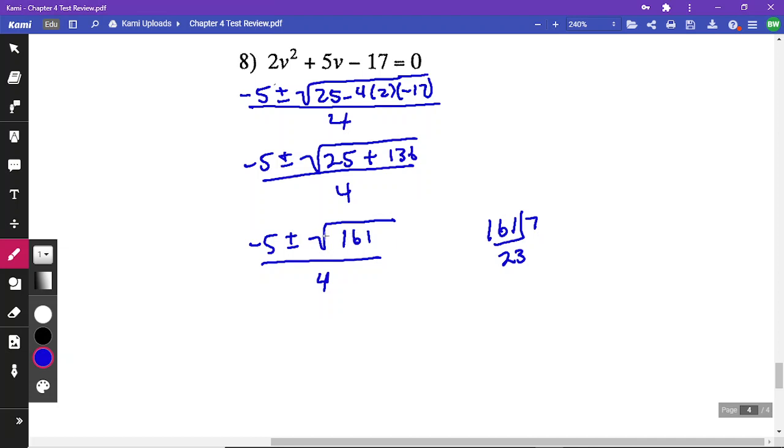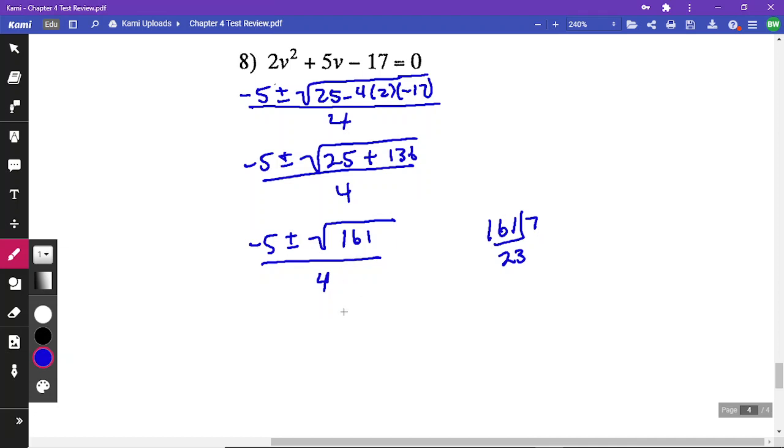Again, I'm okay with you leaving this like this. It's also more customary, I think, to split this one up, but it's okay either way.